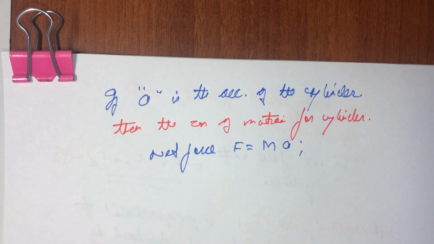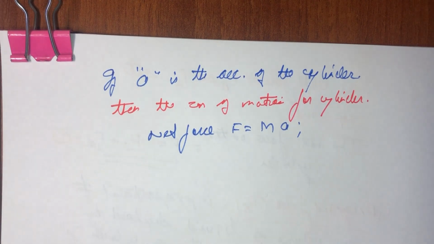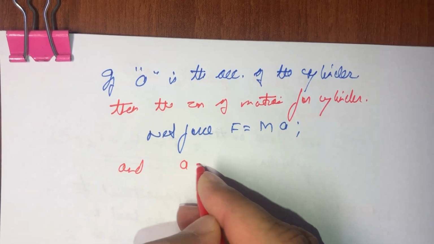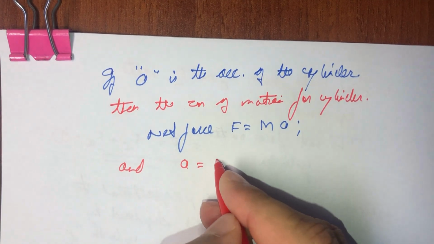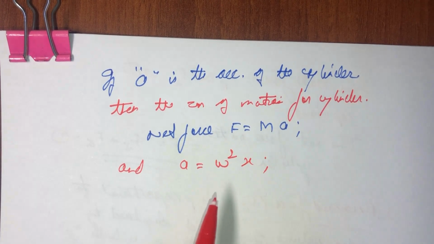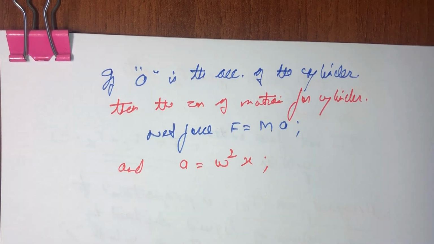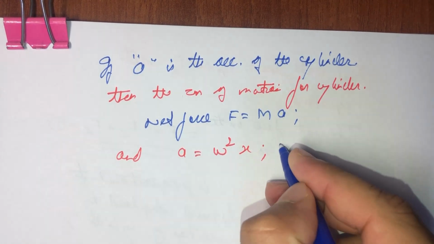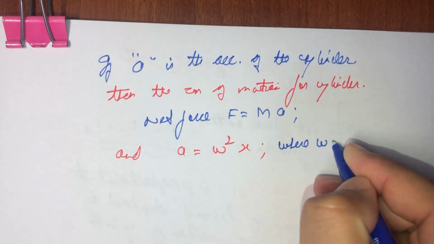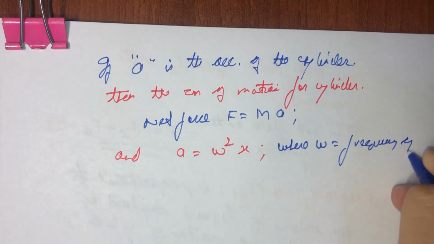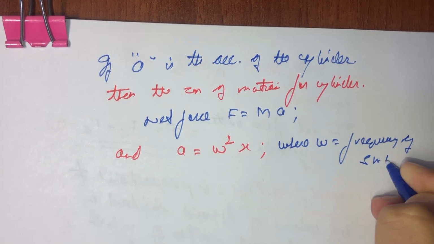And we also know that acceleration a is equal to omega square times x, where omega is the frequency of SHM.